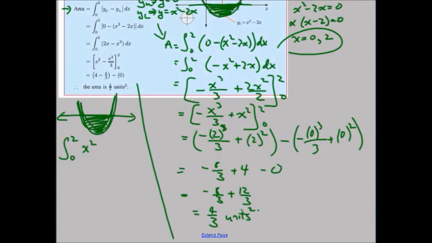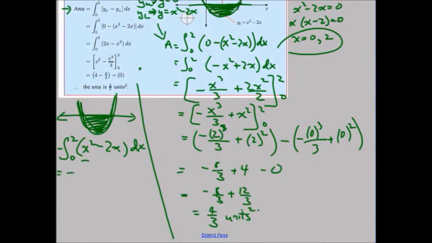Our upper function in this case that we did up here was our x-axis. But that also could be just our boundary, x squared minus 2x dx. But because it's underneath the x-axis, we can put a negative sign out here. Let's see if we get the same answer.